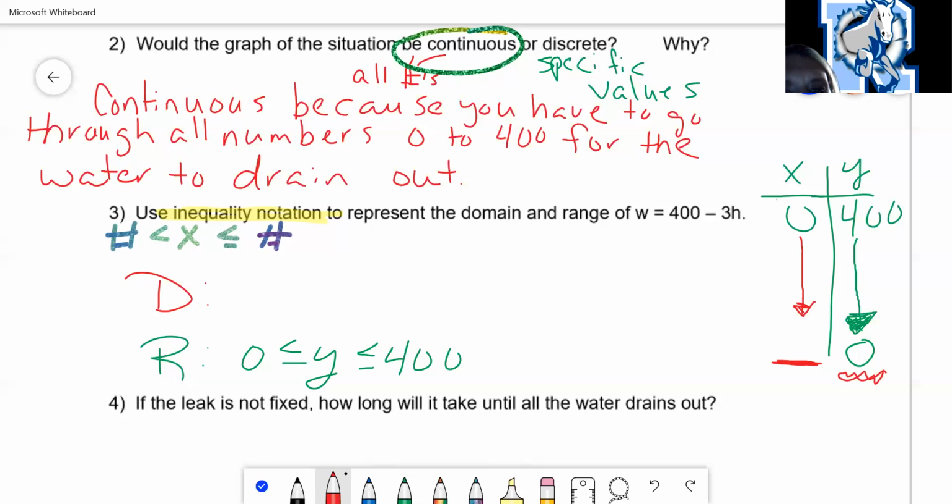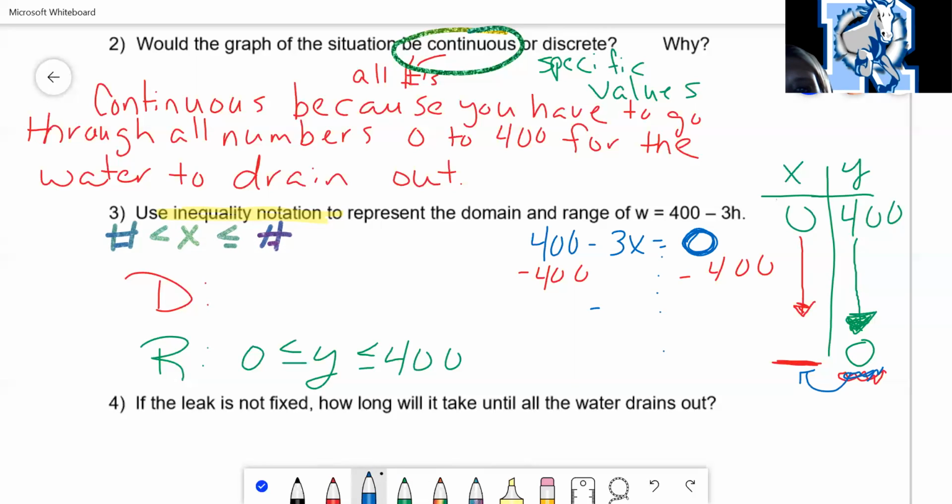So what we would do in this problem is 400 minus 3x equals 0, because I want to know when Y is 0, what's my X number? Well, I'm going to subtract 400 from each side. I get negative 3x equals negative 400.